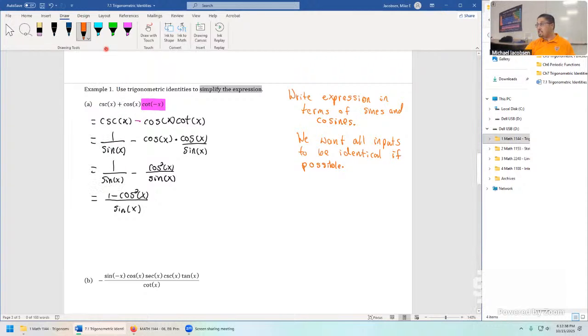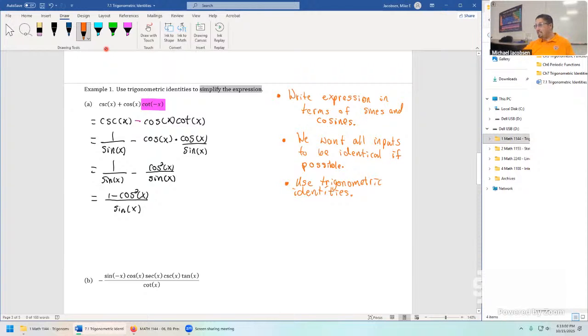So we have three big ideas that we're using. Write things in terms of sines and cosines. Make all the inputs the same. The next big idea is use trigonometric identities. And there's one looking right at us. It just isn't always easy to spot.